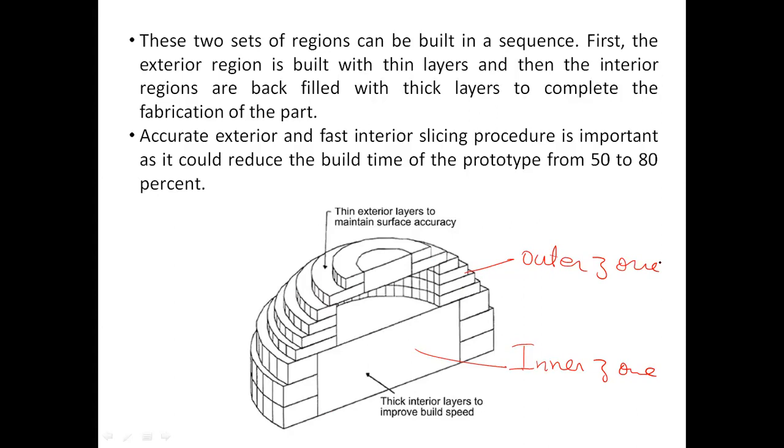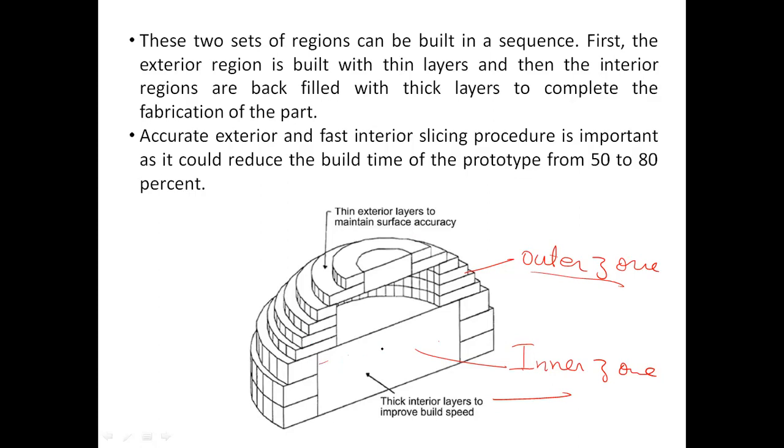So what he said was, rather than having different slices at different cross sections, what we can do is basically break this whole model into initially two sections, that is inner and outer. So inner zone basically requires more strength as compared to the outer zone.